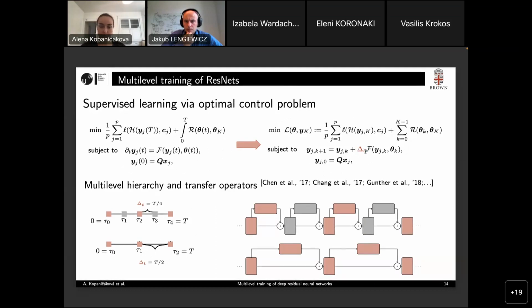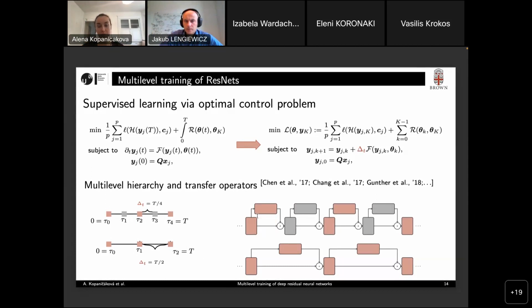Just for you to have a better idea, now each time point in our time mesh will correspond to one particular layer or residual block of our network. We can also decide to refine our time mesh, for example, using uniform refinement, and this will give rise to a minimization problem, which will incorporate a network with twice as many layers as previously, and so on and so on.